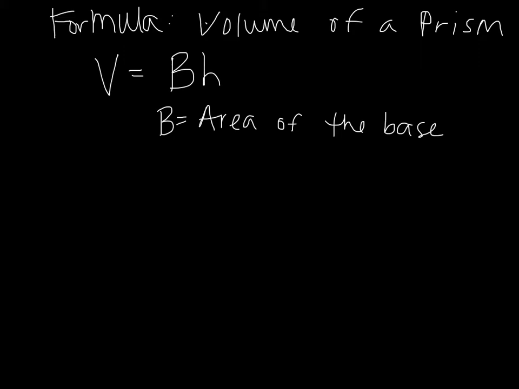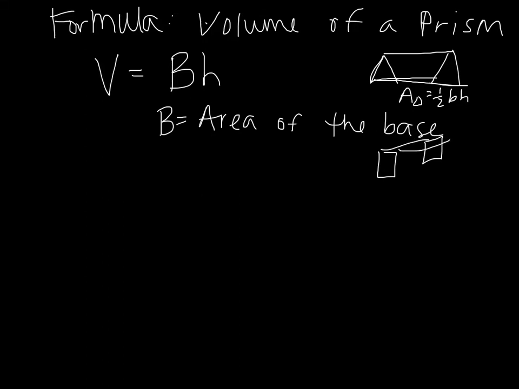Okay, so let's say we have a triangular prism here. Then I would have to remember that the area of a triangle equals 1/2 base times height. Well, let's say I have a square prism. I'm going to have to remember all these different formulas.